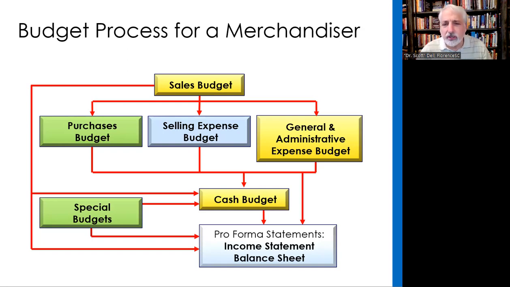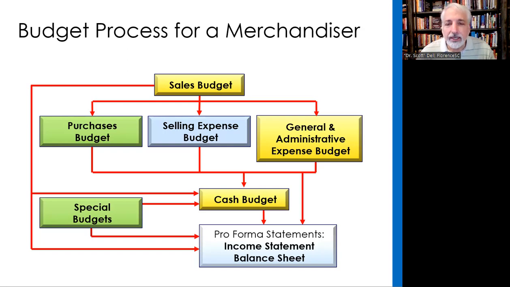We also have two other kinds of expenses that go out the door: a selling expense budget and a G&A expense budget. You've probably heard of SG&A. It shows up on an income statement pretty frequently. We've been seeing those in Edgar on our income statements, and you're probably seeing those in analysis as you do your projects. So we have a selling expense budget separate from the G&A expense budget, but that's a total of selling, general, administrative expenses.